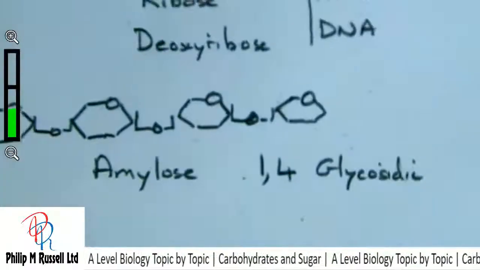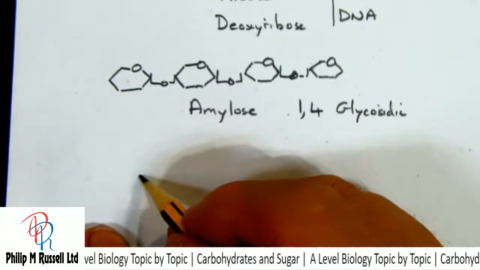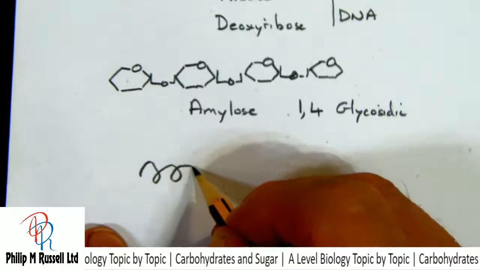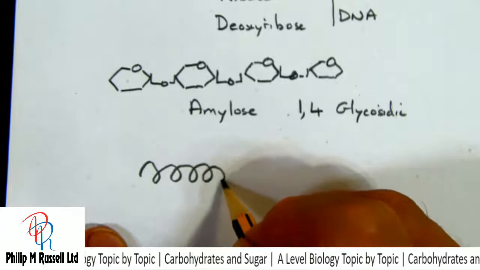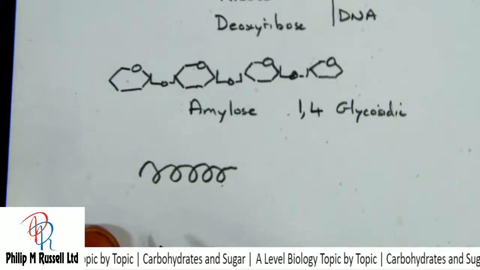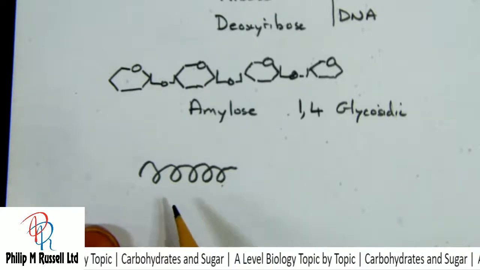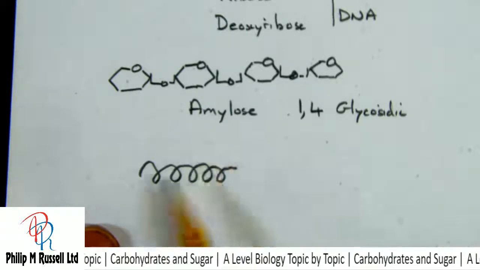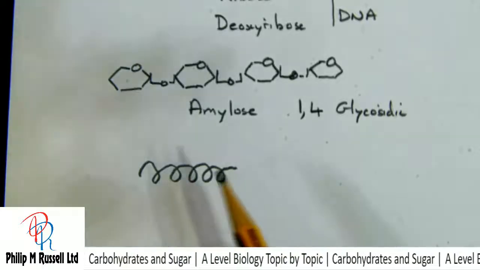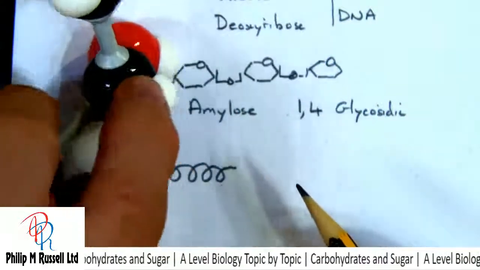So what we're going to get here is something that's going to look like this. It's going to have all these twists in it, making a nice helix, and this helix will also be stabilized by lots of hydrogen bonding between some of these water molecules here and the hydrogens there on different atoms.